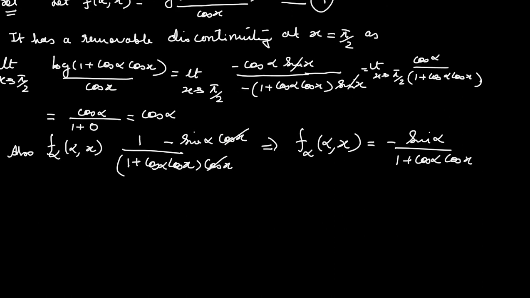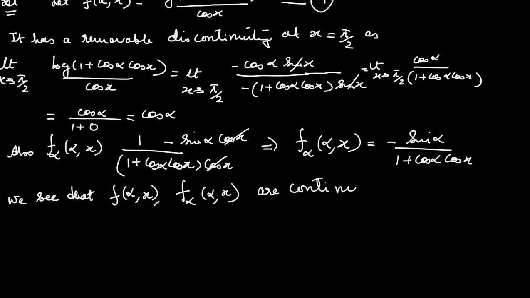Now, here what we notice is that f of alpha x and f suffix alpha of alpha x, that is, the partial derivative of f alpha x with respect to alpha, are continuous functions of two variables, x and alpha, where alpha acts as a parameter in this case.